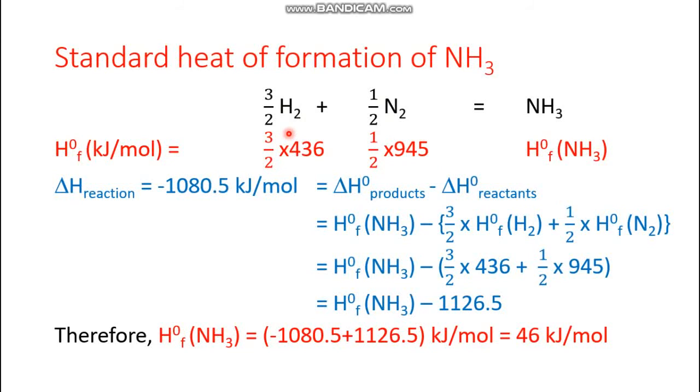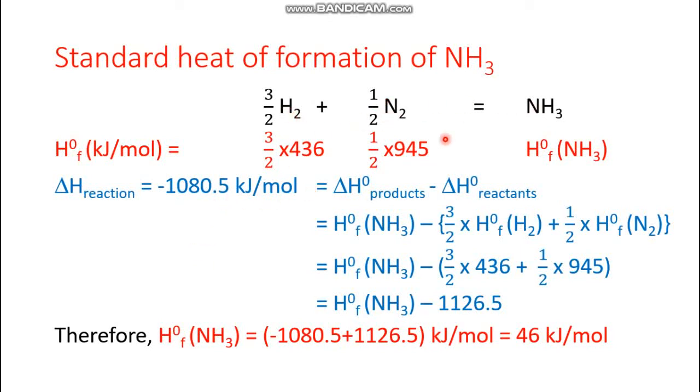The H0F value of hydrogen is 436. Since it's 3/2 moles, this is multiplied. And for half mole of N2, H0F of N2 is multiplied by half, and this value is actually unknown to us.